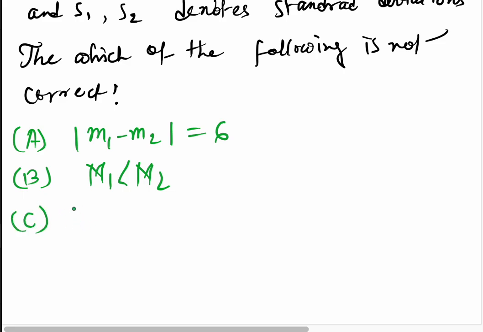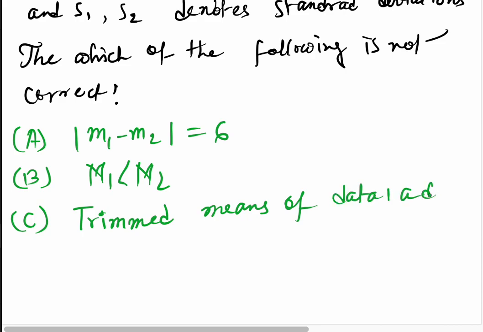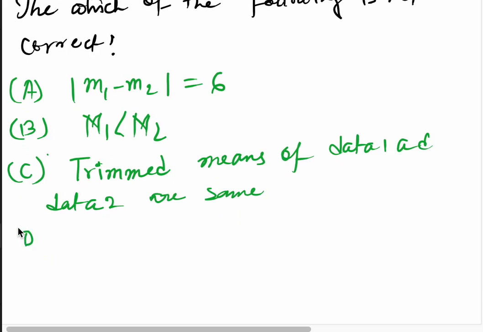C, trimmed means of data 1 and data 2 are same. And D is S1 less than S2.